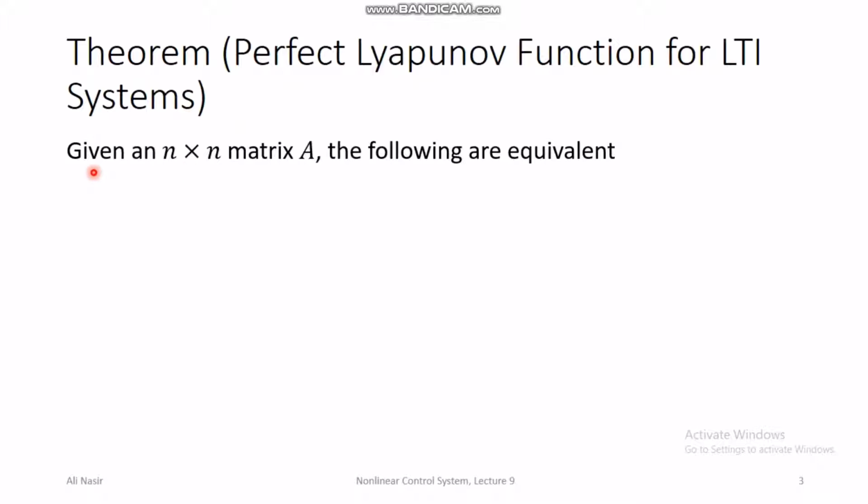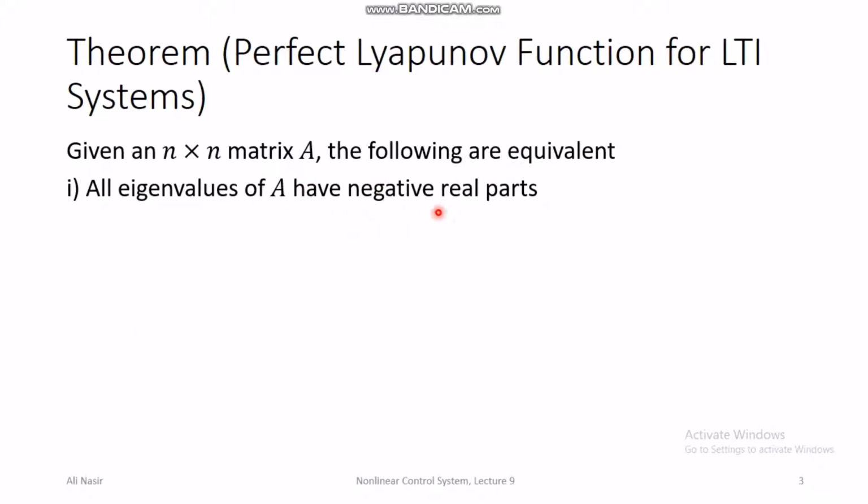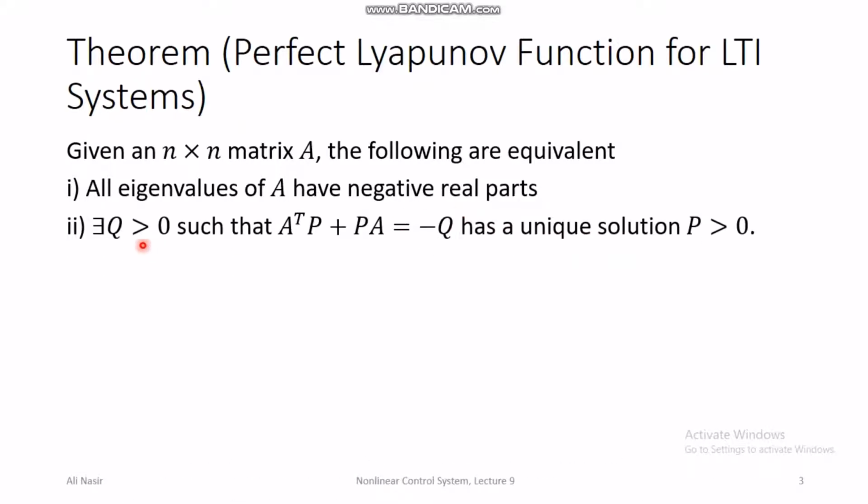this is possible. Given an n cross n matrix A, the following are equivalent. Number 1: all eigenvalues of A have negative real parts. Statement 1 is equivalent to statement number 2: there exists Q greater than 0 such that A transpose P plus P A is equal to minus Q has a unique solution which is a positive definite matrix P. So if the Lyapunov equation is solvable with any positive definite Q, that will mean that eigenvalues of A have negative real parts.